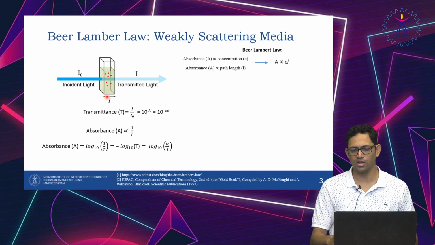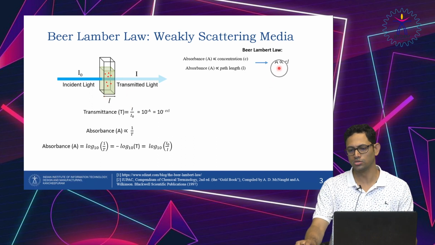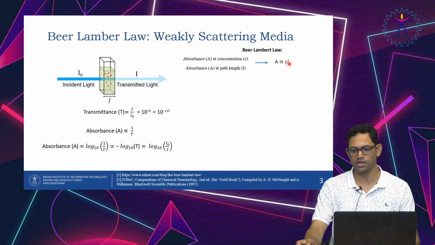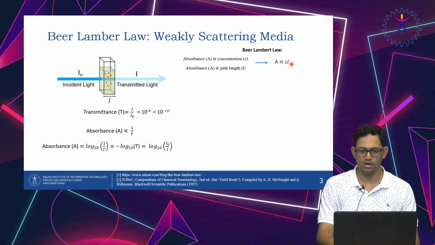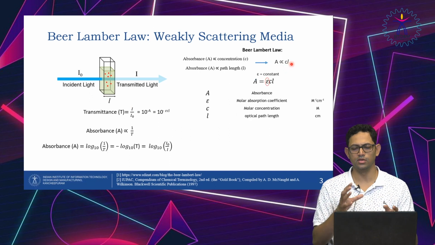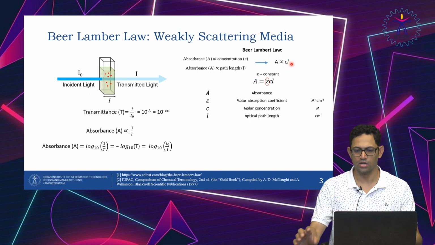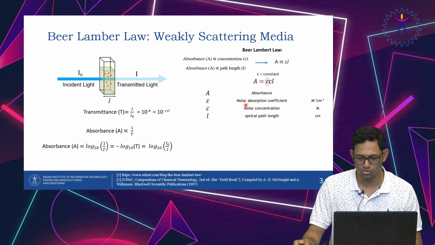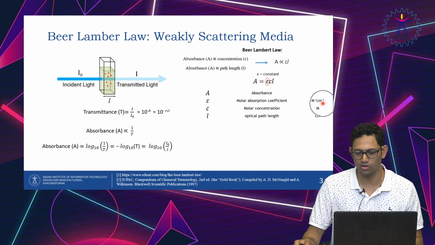So what I can come up with is that absorption is directly proportional to the multiplication of concentration and the path length, right? And the proportionality constant in our case is the molar absorption coefficient, which is defined as epsilon. What you see over here are the units of each of these.